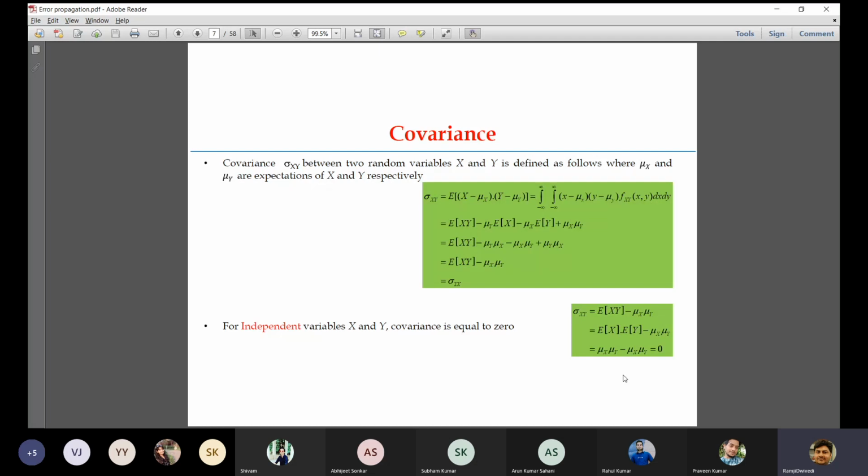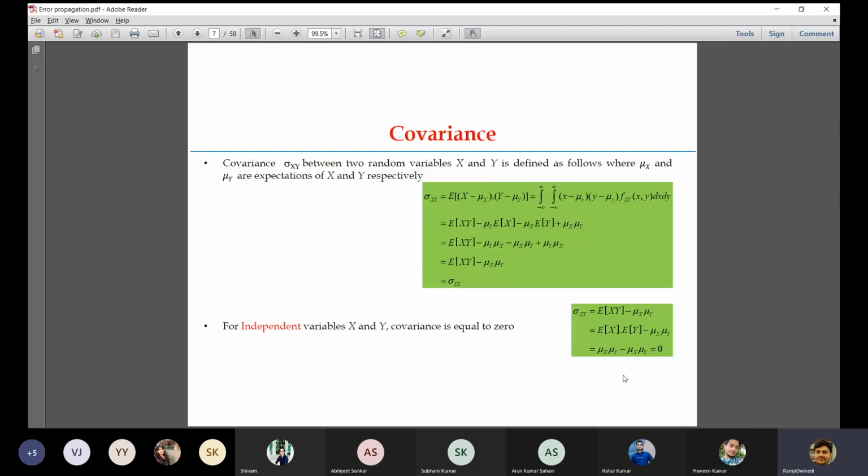But the moment the covariance concept comes, you know that you have to write expectation of x minus mu x and another bracket y minus mu y. This is very basic conceptual understanding: that's how you will write the covariances.